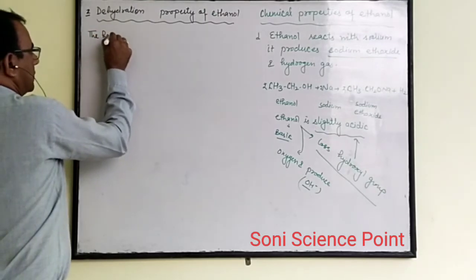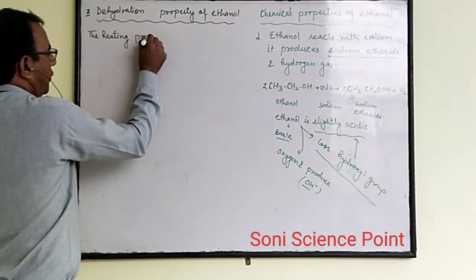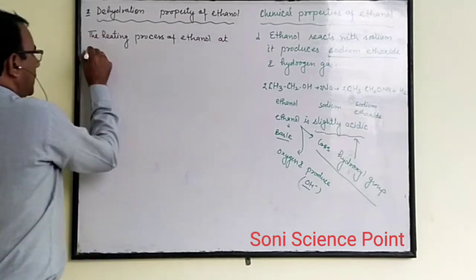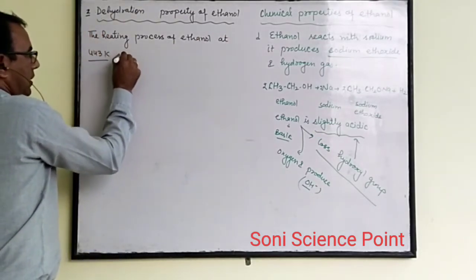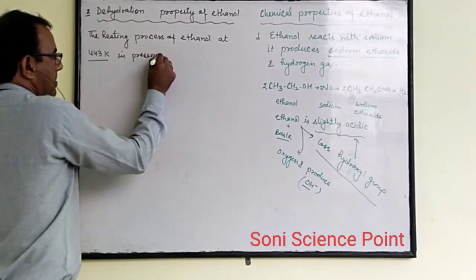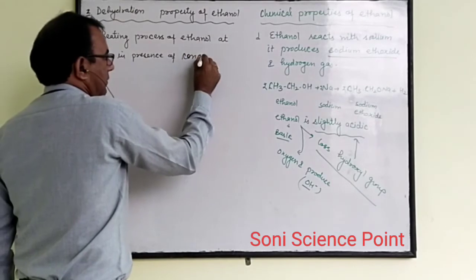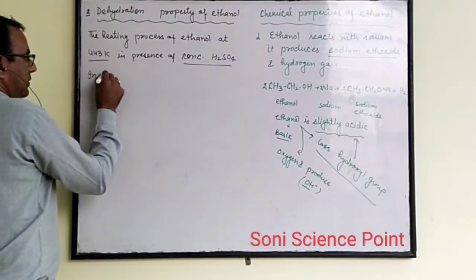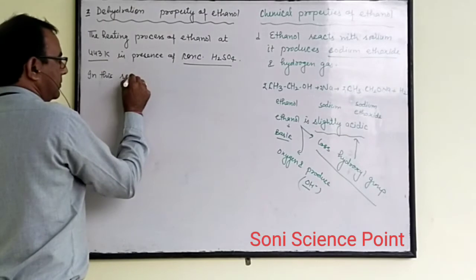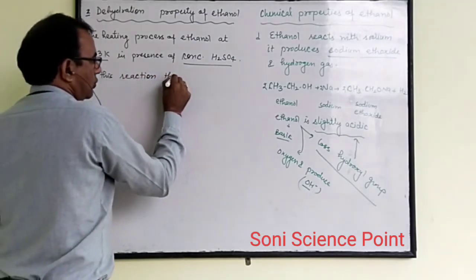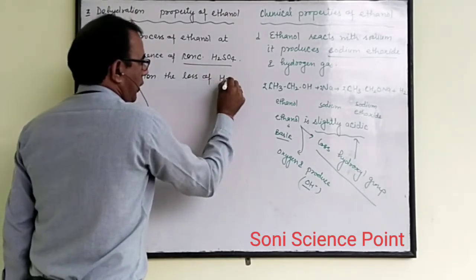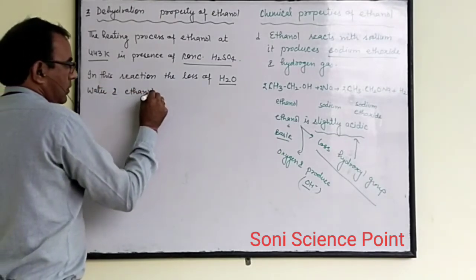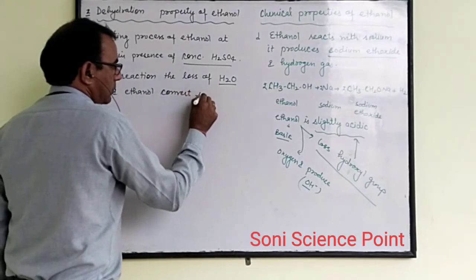The heating of ethanol at 443 Kelvin in the presence of concentrated sulfuric acid: in this reaction, ethanol loses a water molecule and converts into ethene.